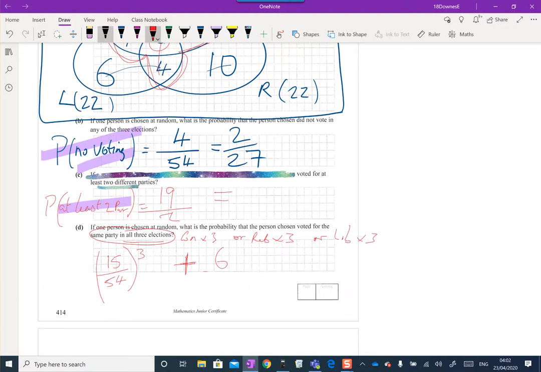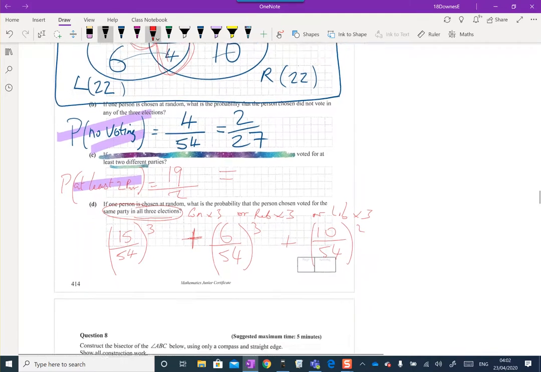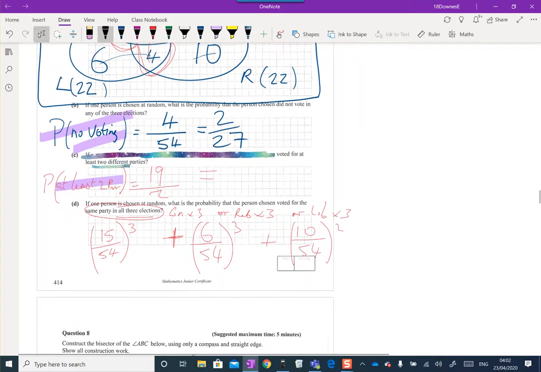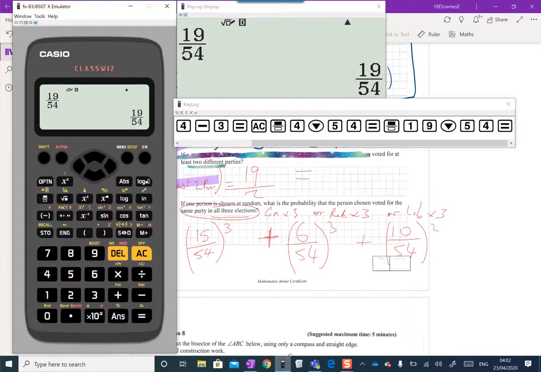Okay, 6 over 54 is cubed, and the 10 over 54 is cubed. So this is the time to be careful on our calculators. I'm going to turn this sidebar on so that I get more room for my calculator over near to the left.